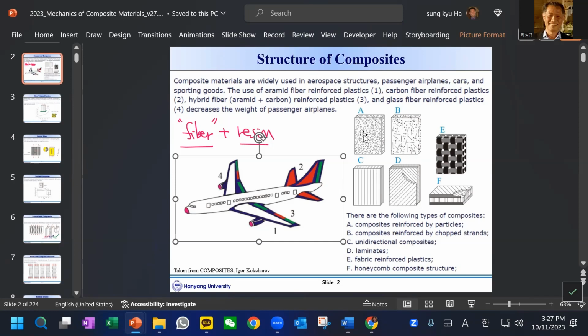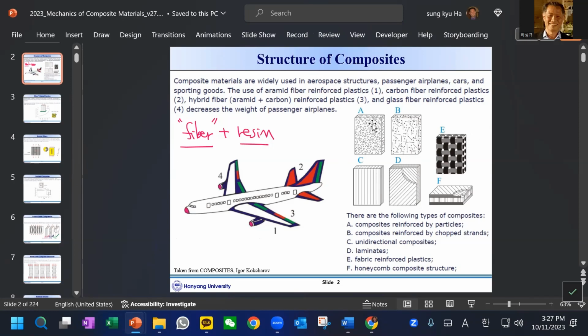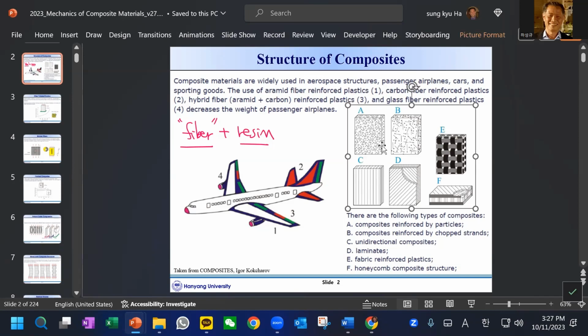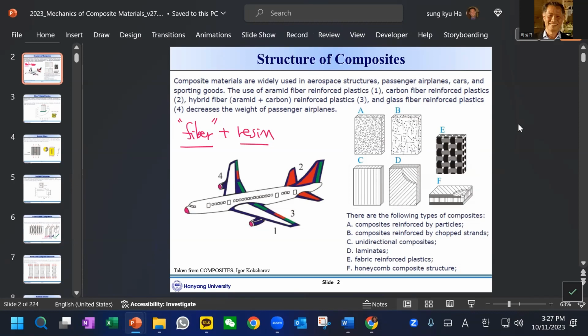And there are several forms of the composites in general. There are different shapes depending on the fibers and resin system, so we can have different names.